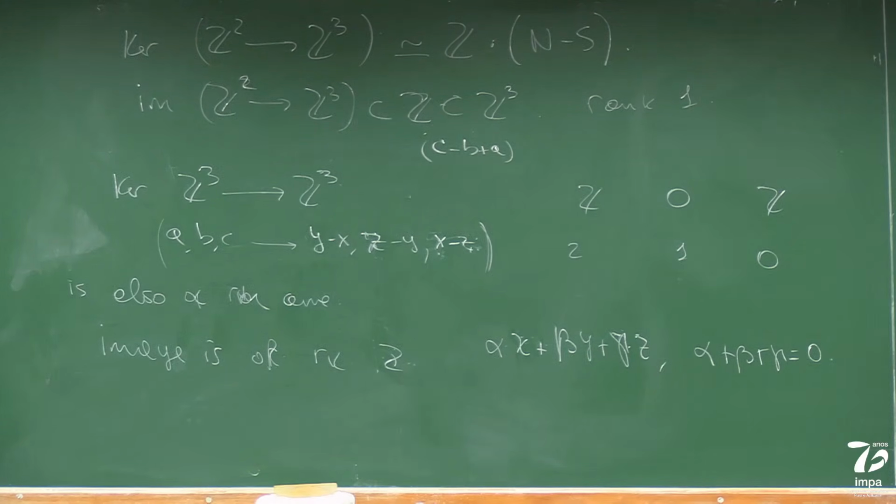Now, if I keep B here, yeah, okay, so I think it's probably better to add an extra row to this filtration.